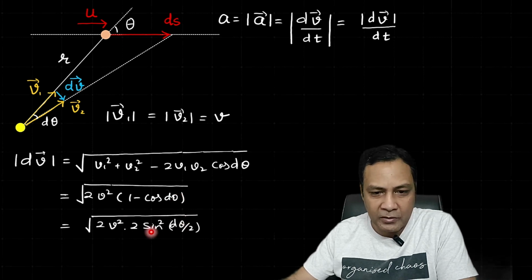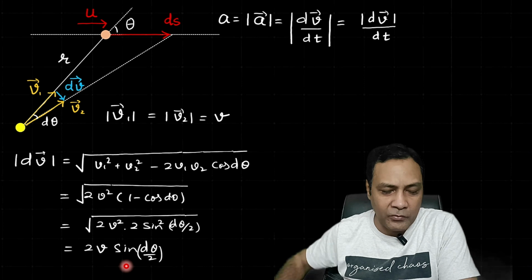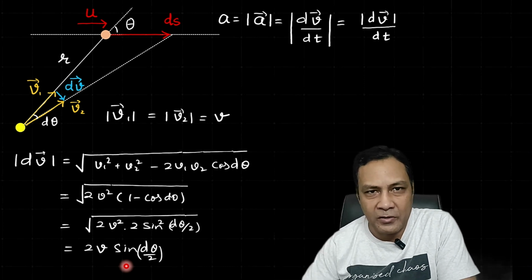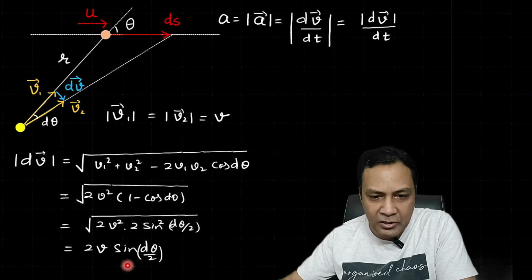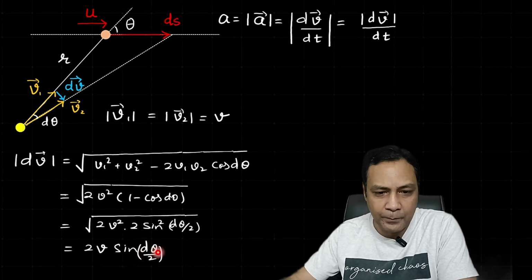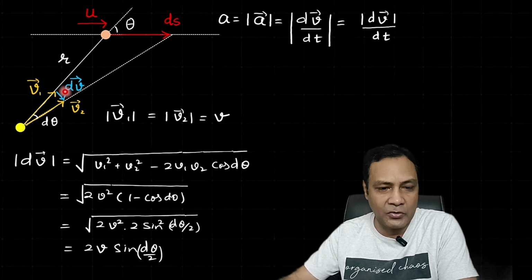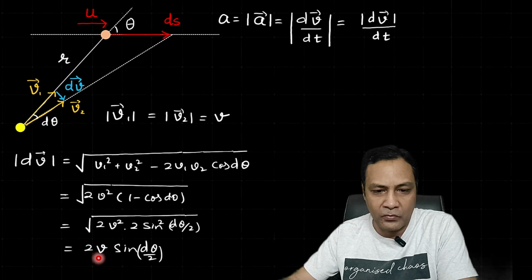Now you can take it outside the square root, so that will become 2v sin d theta by 2. And we can use the approximation: if theta is very small and measured in radian, then sin theta is theta. So sin d theta by 2 will become d theta by 2, and the 2 and 2 will get cancelled. So the magnitude of the change in velocity, dv vector, is equal to v d theta.